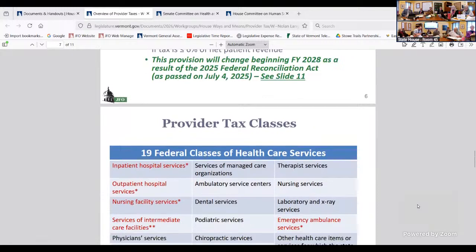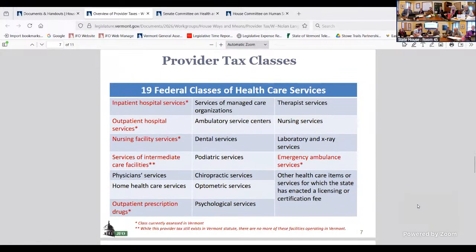These are the classes that we can tax. If they're in red, they are on the books in Vermont. So inpatient and outpatient hospital together, that is our hospital provider tax. We also have nursing home facilities. Now, intermediate care facilities, we actually don't have any anymore. It's still on the books, but we don't have any. I mean, we don't have any actual facilities, not that we don't have any taxes on this.